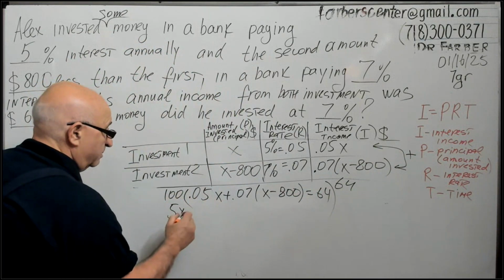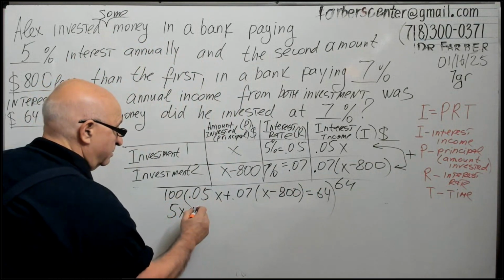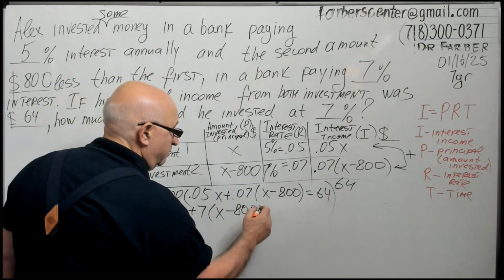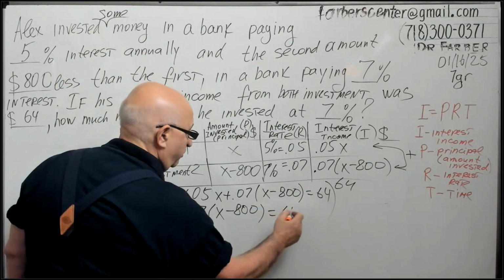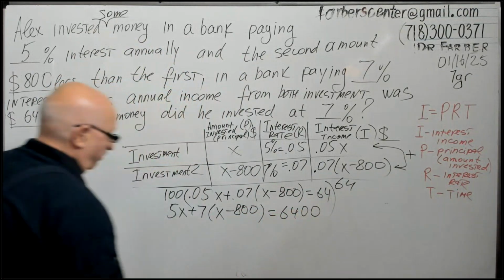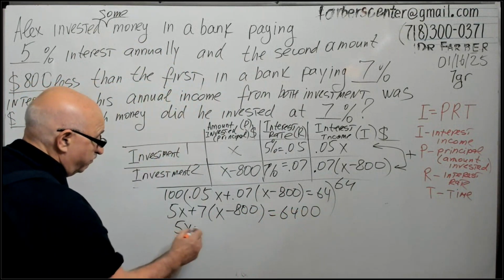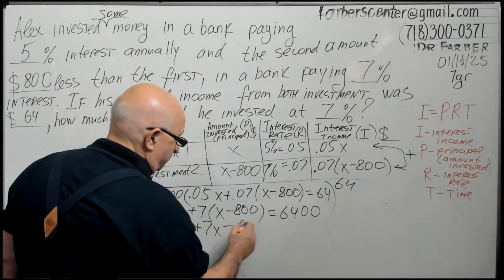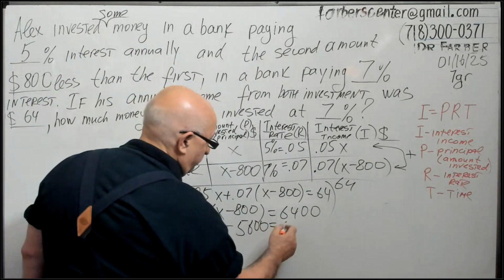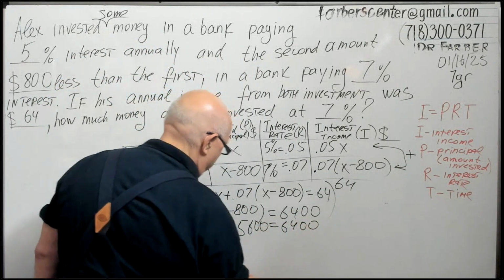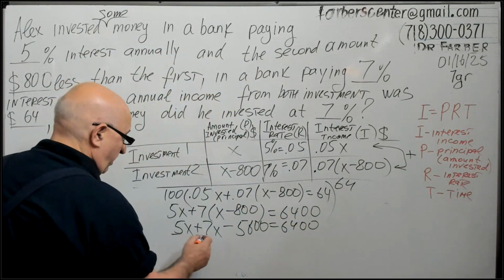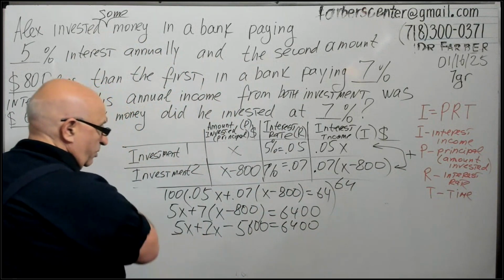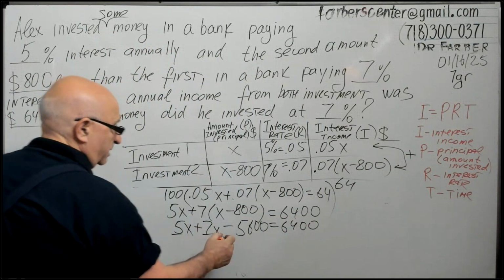We have 5x plus 7 times x minus 800 equals 64 and 2 zeros, or 5x plus 7x minus 56 and 2 zeros equals 6400. Okay, add them up. You have 12 x's. Let me continue over there. I have more room.